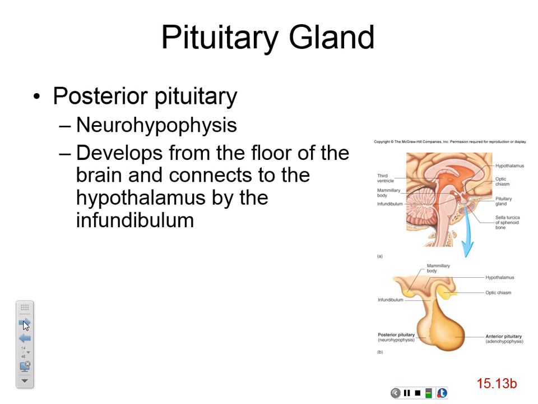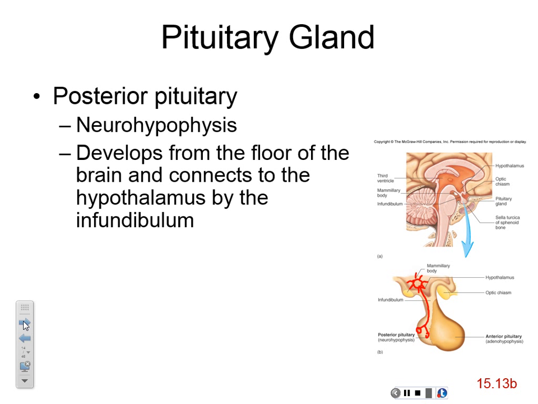It's called the neurohypophysis. The cell bodies of the axons that will generate the action potential to the pituitary are located in the hypothalamus, right? Then the axon will go here, and the axon will branch into those synaptic terminals.